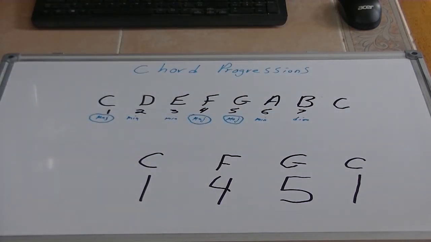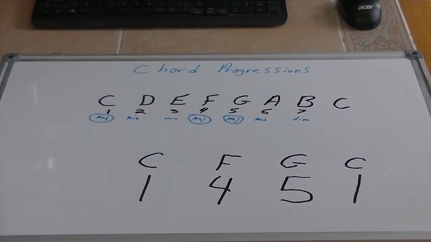So if I play through these chords, we start with C major, we go to F major, we go to G major, and then we return to 1. So that's often how people will take the 1-4-5 and add the 1 chord to resolve the progression to the 1.